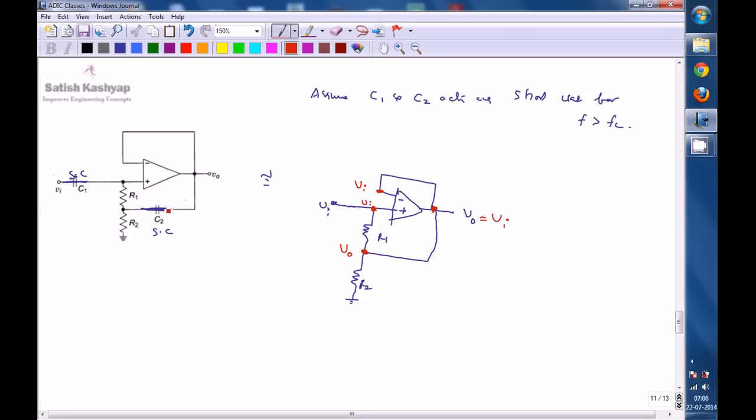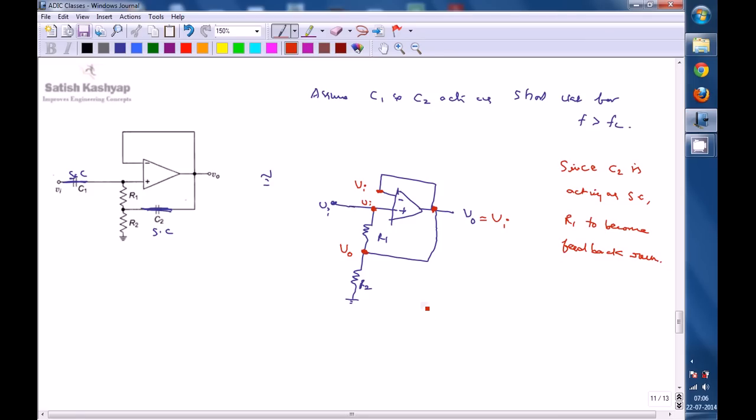Since C2 is acting as short circuit, that makes R1 become the feedback resistor, because now R1 is between the input node and the output node, so it will become the feedback resistor.